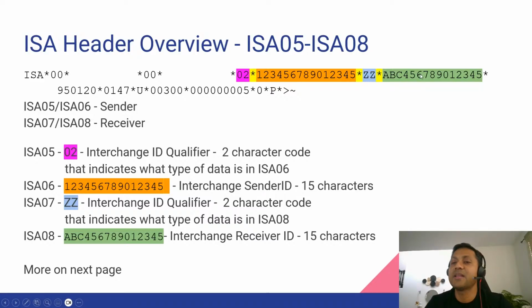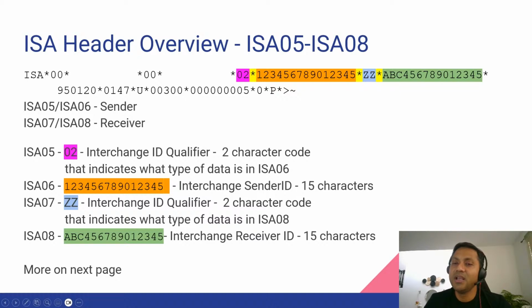Now this can be any value up to 15 characters, but must be exactly 15 characters long in the file, not shorter or longer. So if your actual ID is shorter, then you have to pad it with spaces on the right to reach 15 characters. Make sure it is 15 characters.